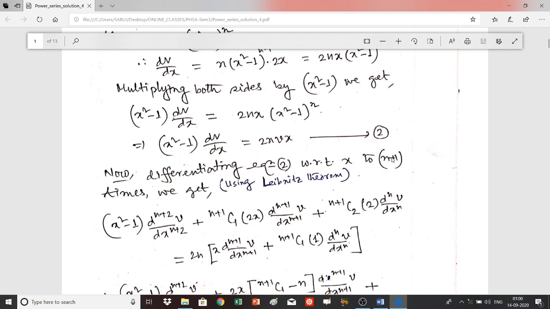Here the first order differentiation, and then n plus 1 order differentiation, so in total there will be n plus 2 order differentiation.